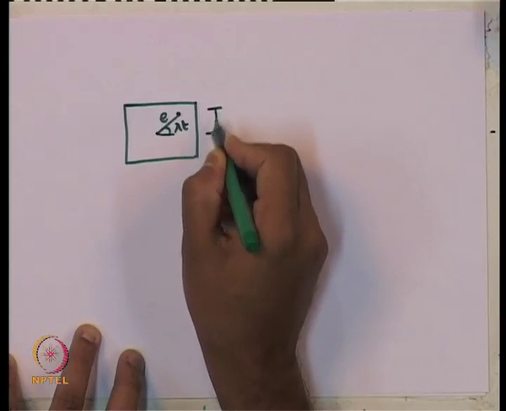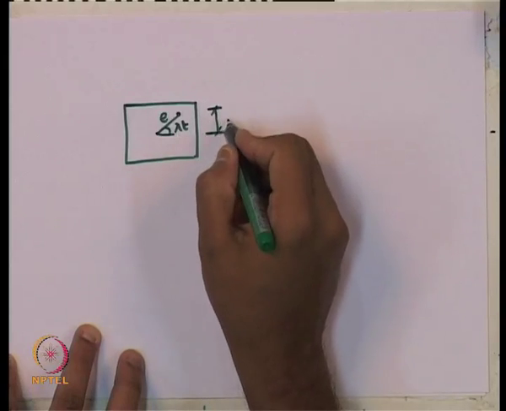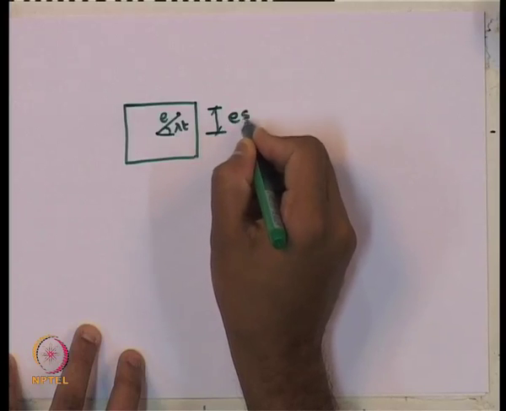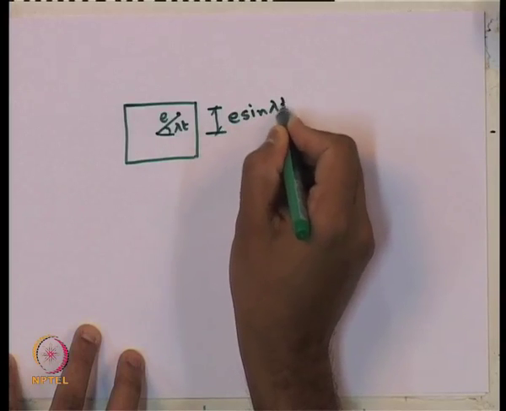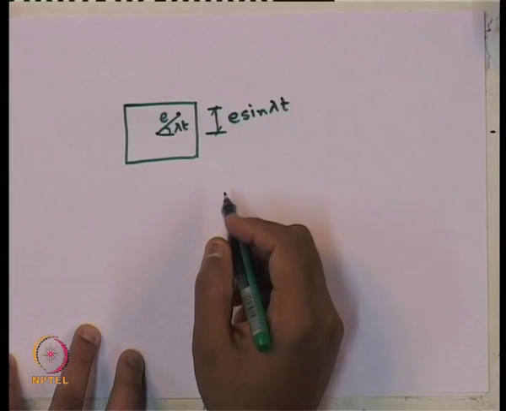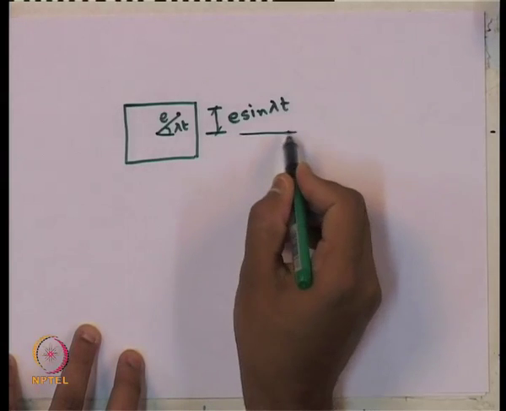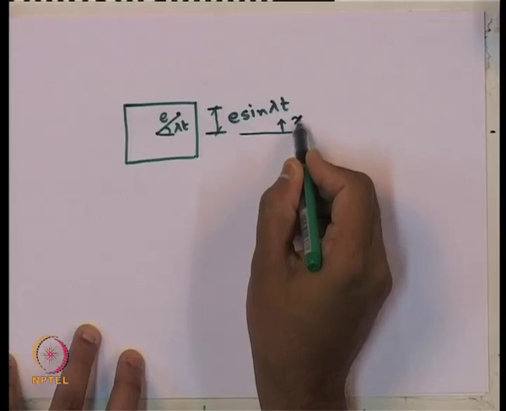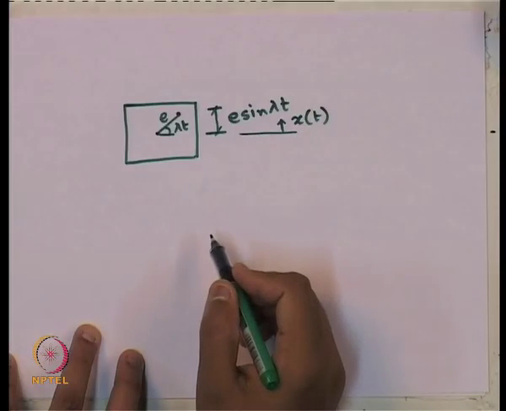So, what is this value? This distance is E sin of lambda t, am I right? And our x is measured with respect to this reference point, x of t.